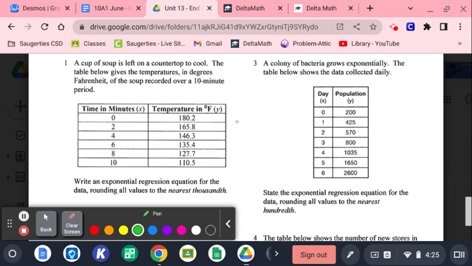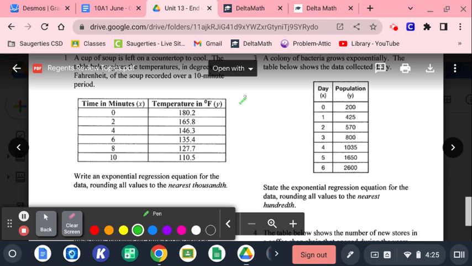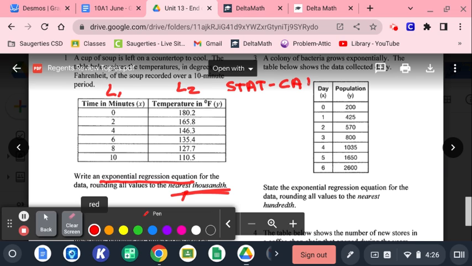The table below gives the temperature in degrees Fahrenheit of the soup recorded over a 10-minute period.